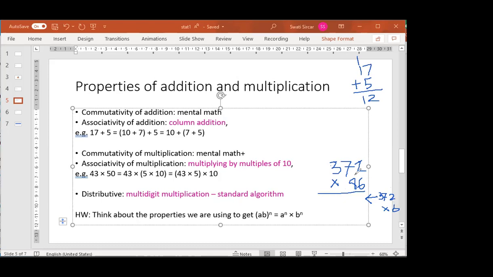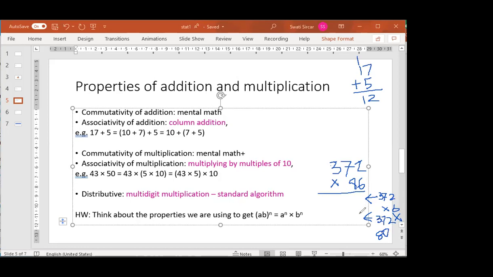Then in the second line, we get 372 times 80. And there, of course, we are going to use the associative property as before.